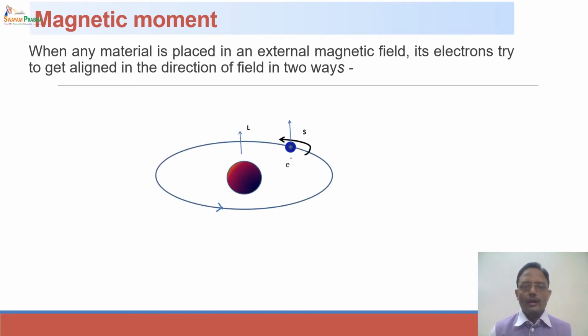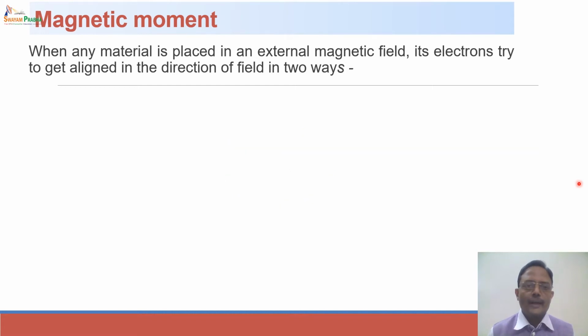Now the electron has two types of motions, the spin motion around its own axis and the orbital motion around the nucleus. So when we place this substance in the external magnetic field, it tries to align both of its motions in the direction of the magnetic field.